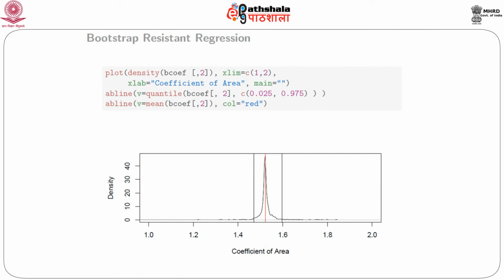We can plot the density to see the distribution, and if we plot the density, we get the distribution of the coefficient of area.